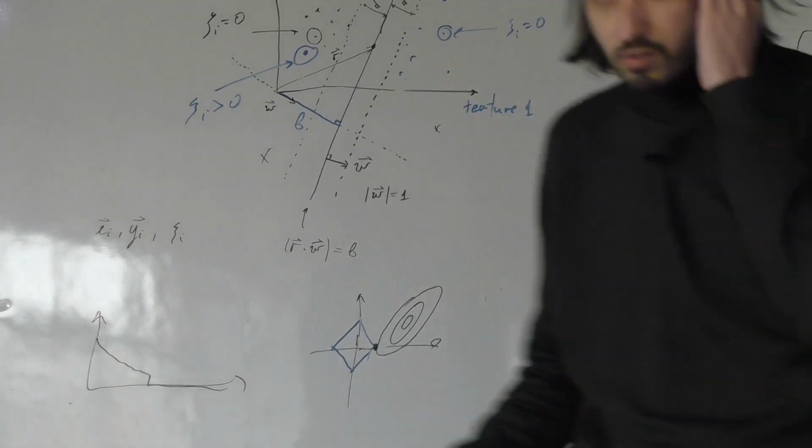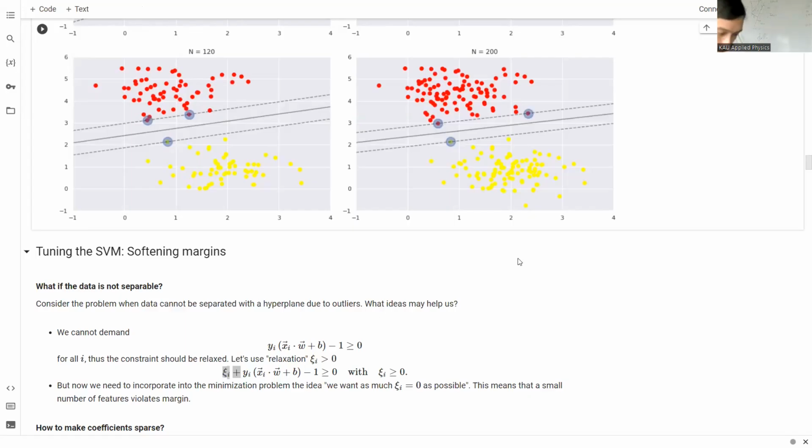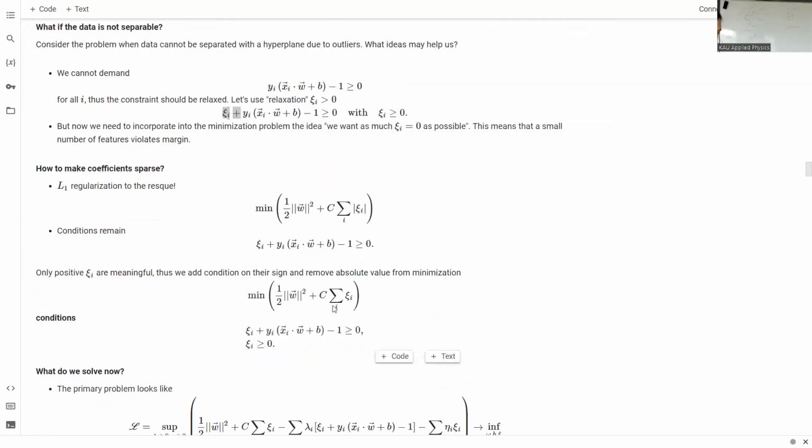And now I will show you the equations that we have. So here are our equations. Hopefully you remember that when we are performing this regularization, we are adding something to the Lagrangian, to the function that we minimize. So here is what we add, the sum of the absolute values of psi i's.